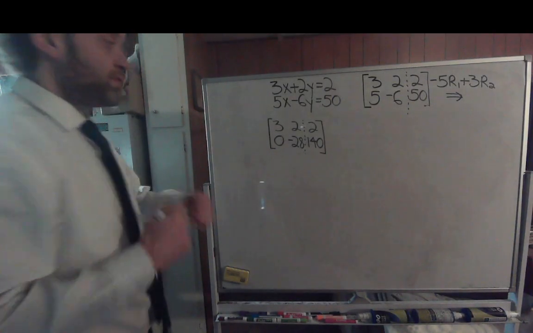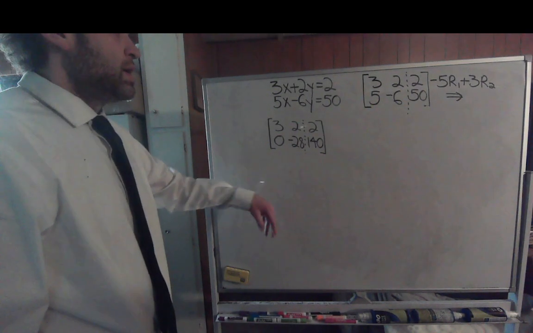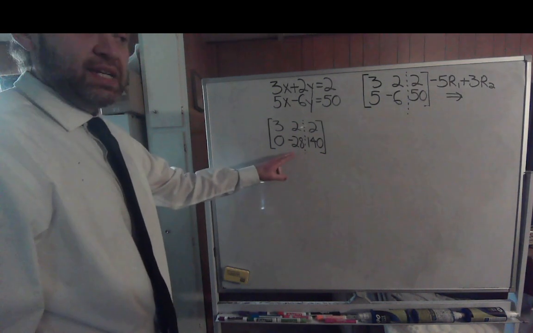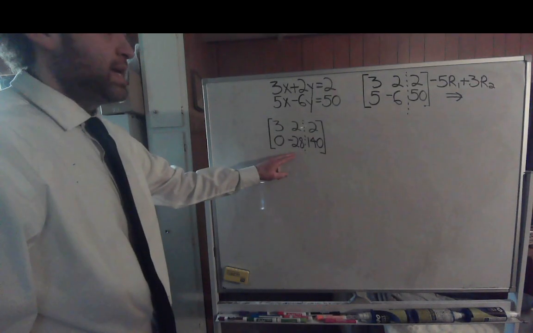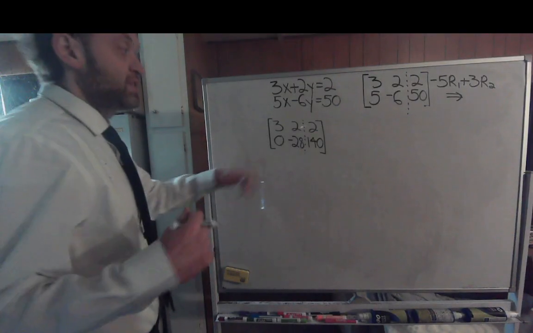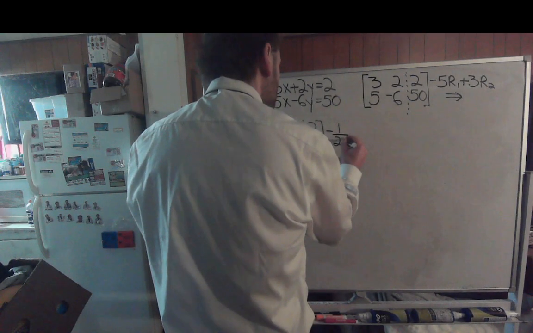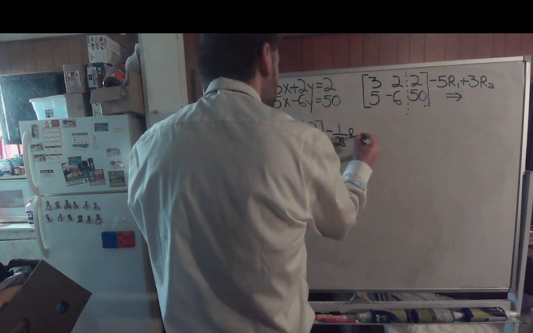Well, we have the first digit in row 2 as a 0, and we have our leading digit now as a negative 28. Well, that leading digit needs to be positive 1, so we're going to have to take negative 1/28 of row 2. Let's go ahead and do that right now.